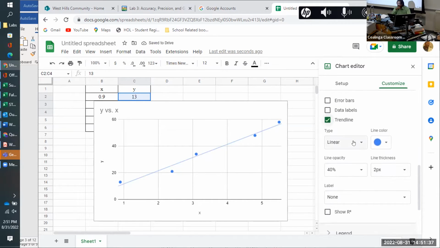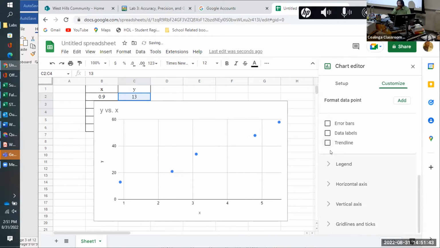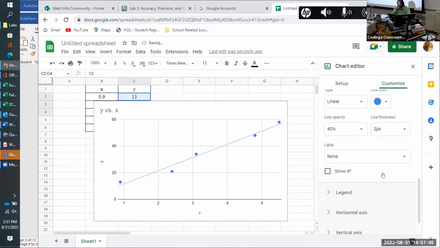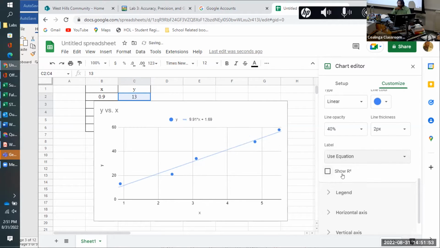I want it to be a linear curve, so this gives me the option of different types of curves. And if I hit that trend line, it'll actually graph it. Good. And then I want to go to label, and then go down to use equation, and I also want to show my R squared value. Okay, you got it? Yeah, I got that. Piece of cake, not too bad.